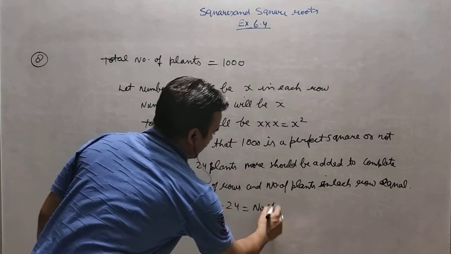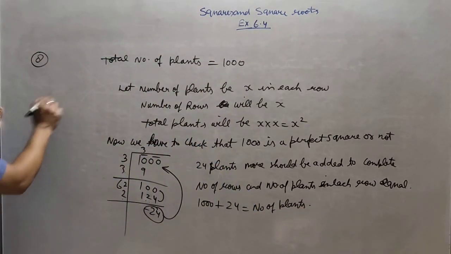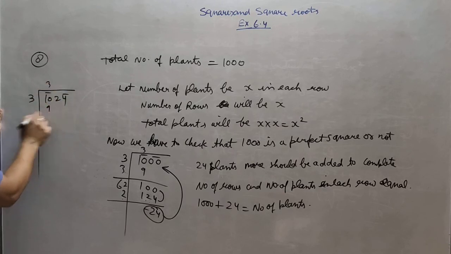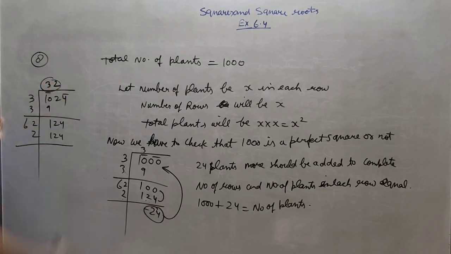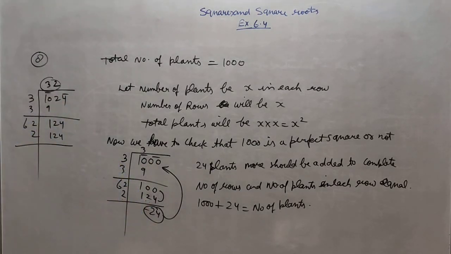Now total number of plants are 1024 now. Now we will check, is it a perfect square? Definitely. 3 3s are 9, 3 3 6 1 2 4. It will be 2 1 2 4. So it means there are how many? 32 rows and 32 plants in each row. When 24 plants will be added by gardener, then you know that gardener can make a square or can complete that condition.